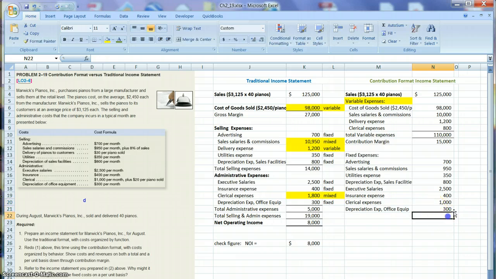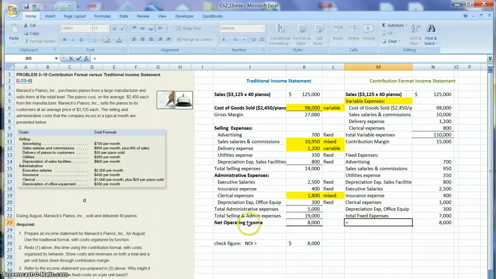I want to add these together to come up with my total fixed. And for net operating income, I'm going to take my contribution margin and subtract my total fixed expenses, and this is my net operating income.